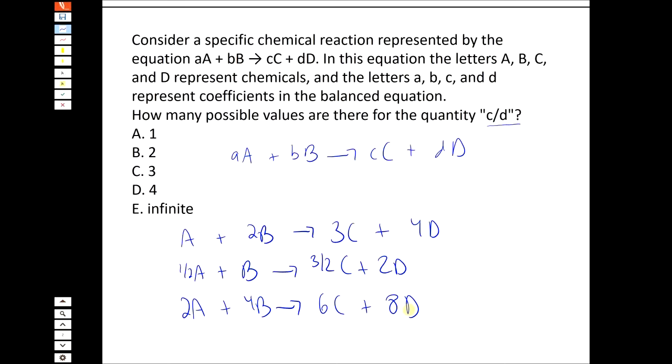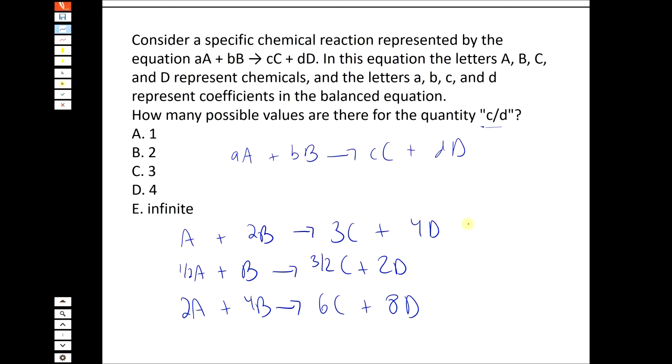But what we're asking here is not how many possible coefficients there are for all the species. It's asking for the number of values for the ratio C over D. What you should realize is that the ratio of two coefficients will always be the same, because if we change one coefficient by a certain factor, we have to change the other one by the same factor.